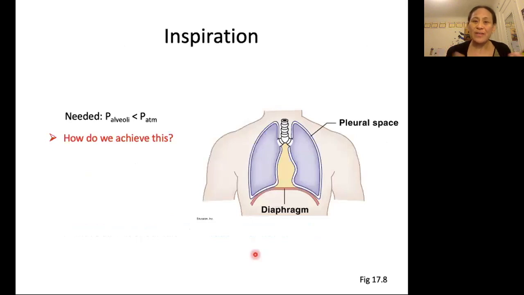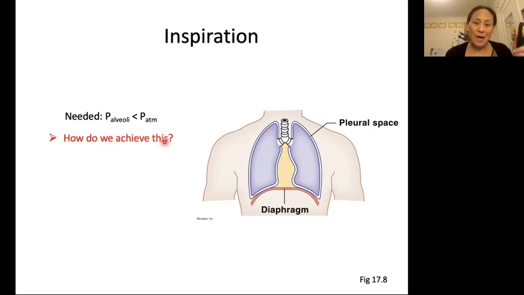So how do we do this physically with our bodies? Let's talk about that. We're going to start by addressing inspiration. Again, remember that in order to get inspiration to happen, we're going to need the pressure in our alveoli to be less than the pressure in the atmosphere. How are we going to achieve this?